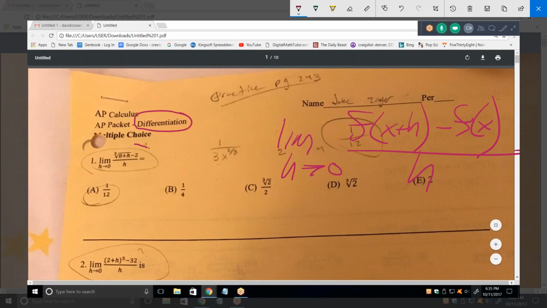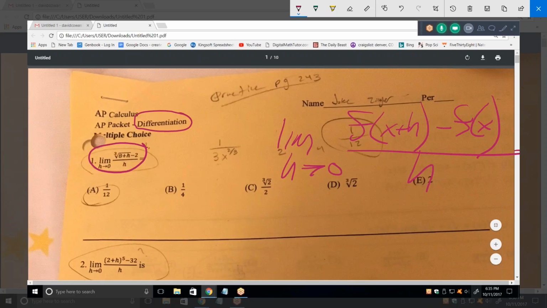Well, when we look at that, what is f of x? It's the cube root of x.